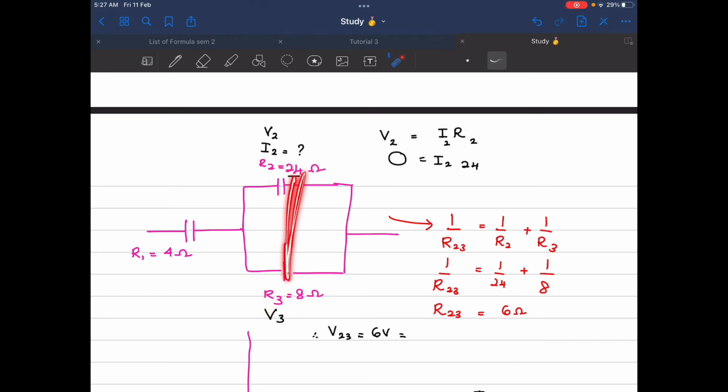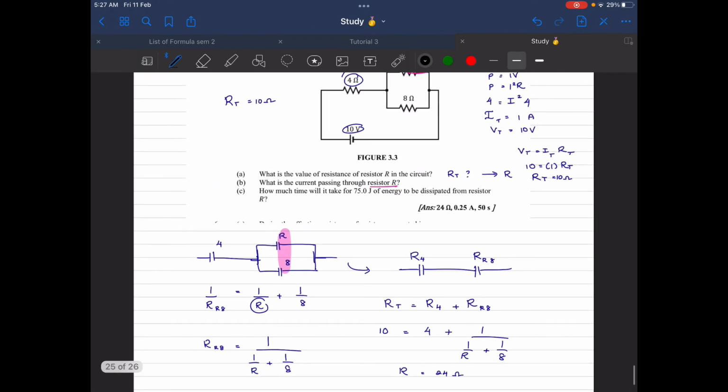So the total will be equal to V3 and V2, because it is parallel, following the properties earlier. So V2 equals V3. So we have V2 equals 6 volt. So we put 6 here, and then you get your I2 to be 0.25A. Right, so that is for B.